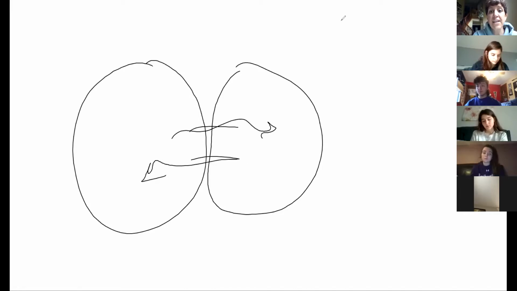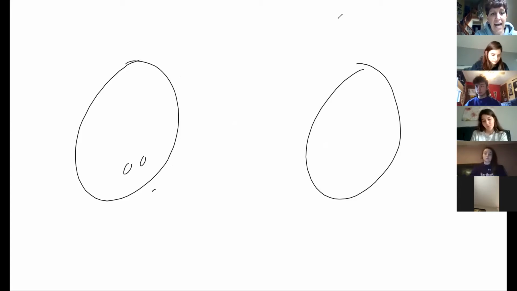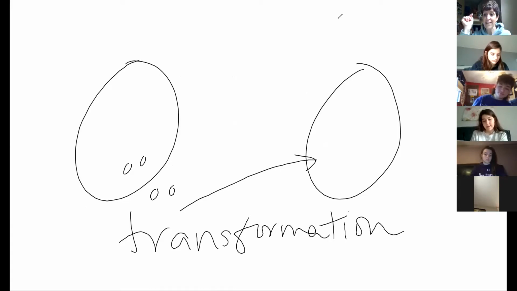If instead, here's one bacteria, here's another bacteria, and I let out my plasmids and you take it up, that was called transformation. That's what we did in our lab. That's how we got E. coli to take in the glowing gene and take in the ampicillin resistance gene: transformation.